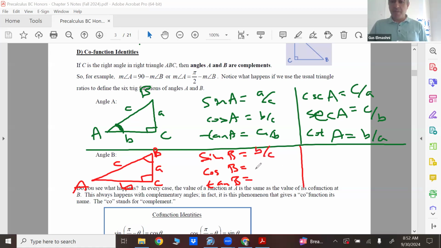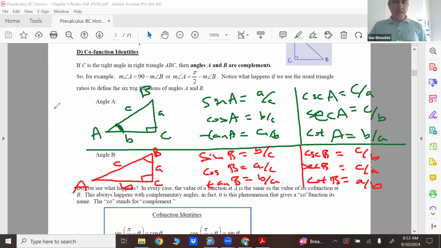And what's cosine of B? And of course, B over A. And we reverse again: C over B, C over A, and A over B.